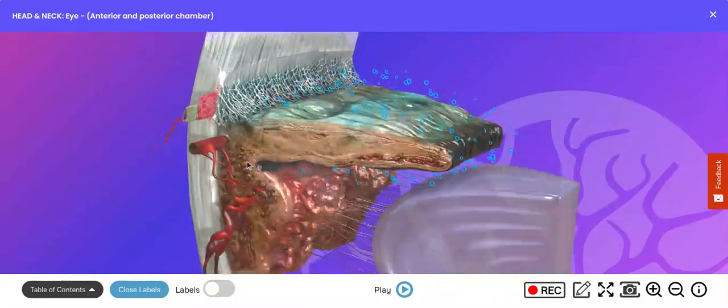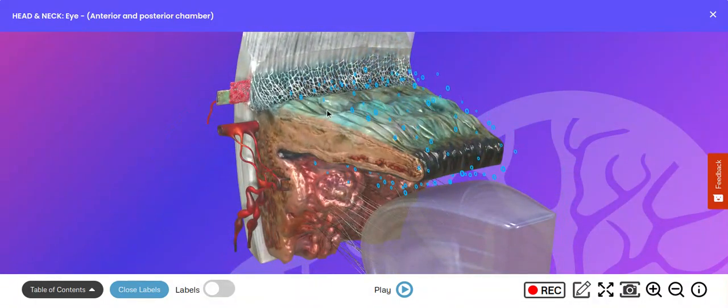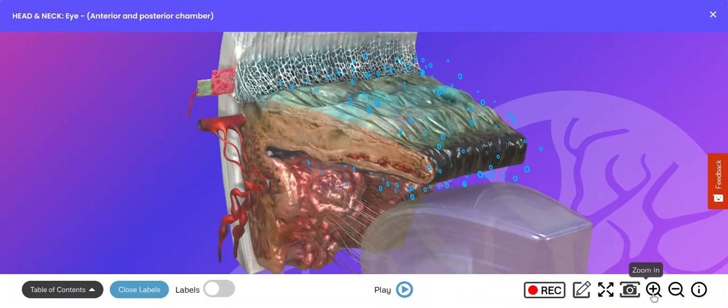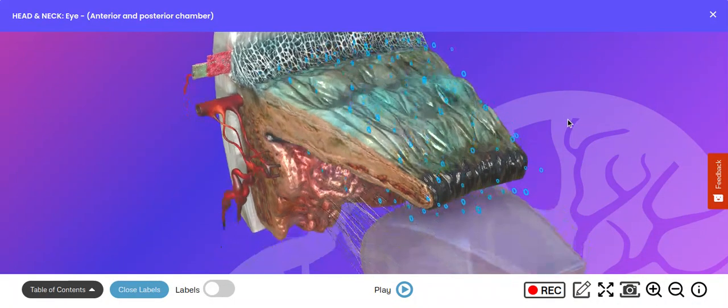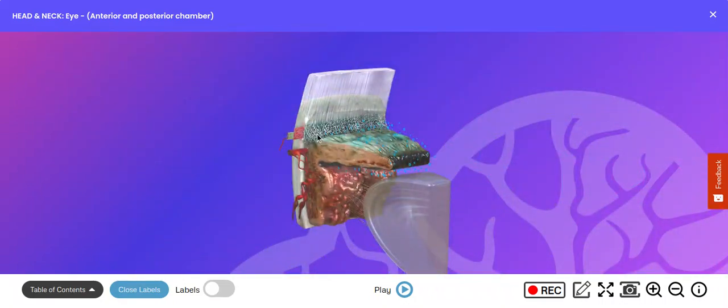If you look closely, let me just zoom in a little. If you look closely, the trabecular meshwork, think of it around the whole globe of the eye. It forms a circular structure like this. This is known as the line of Schwalbe.